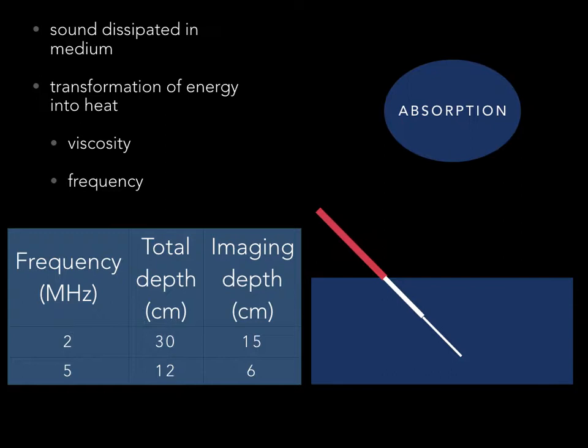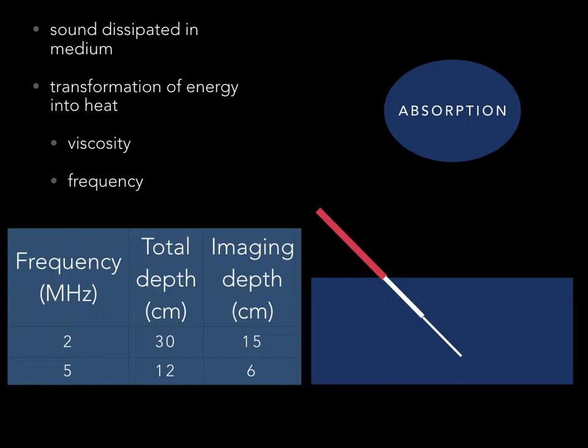Absorption refers to the transformation of the ultrasound energy into heat. This is determined mostly by viscosity and relaxation time of the medium, as well as the frequency of the sound.